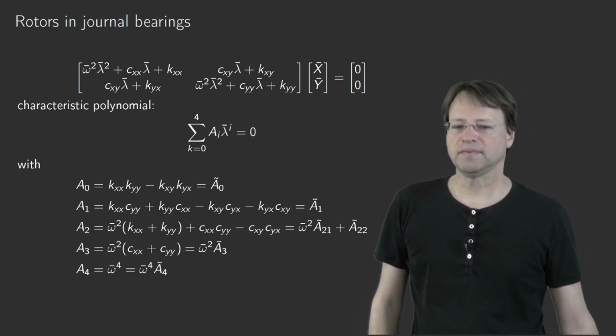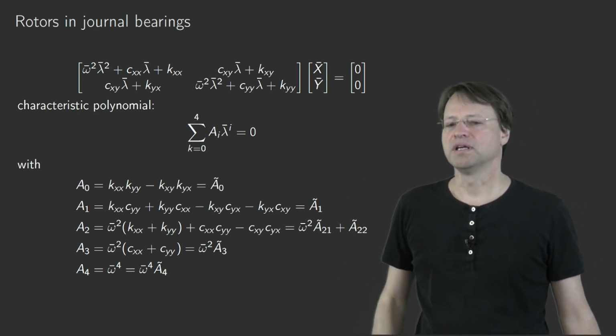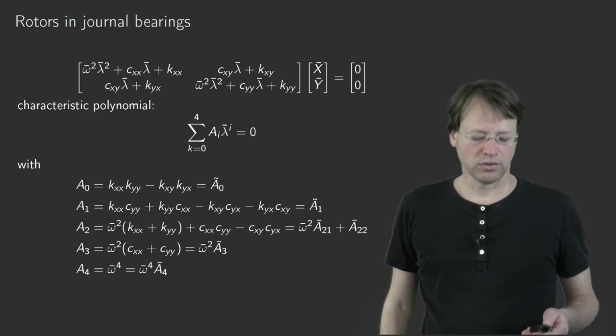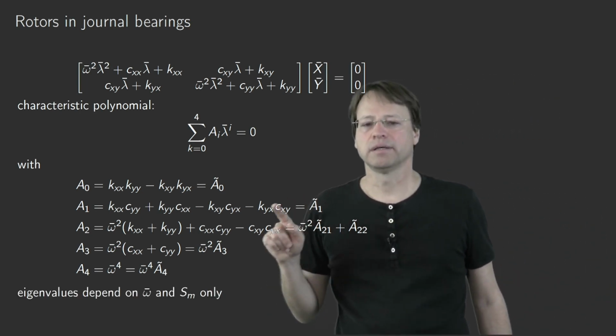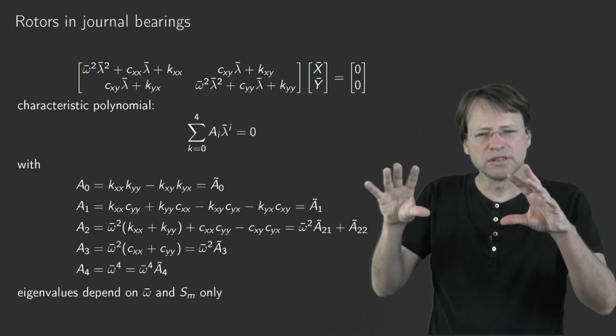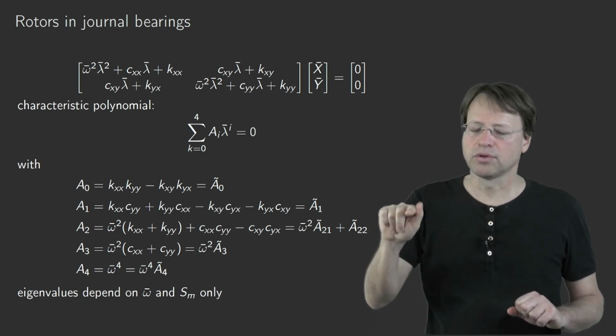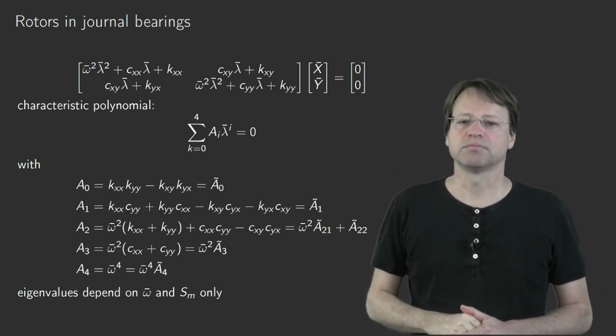So what you see is that these eigenvalues depend on omega bar, and don't forget they also depend on the modified Sommerfeld number. But if you take everything as constant in the modified Sommerfeld number except for the rotational speed, then you could say that the whole thing depends on the rotational speed.